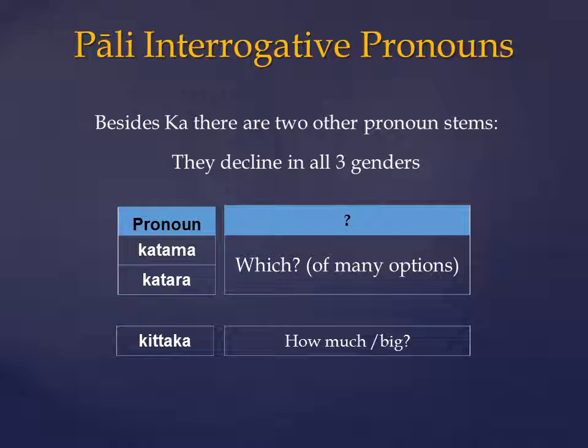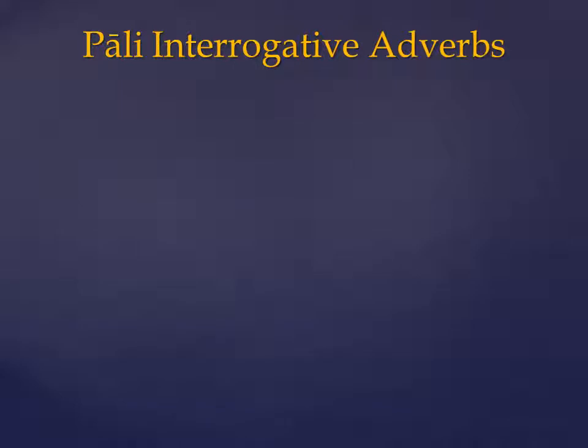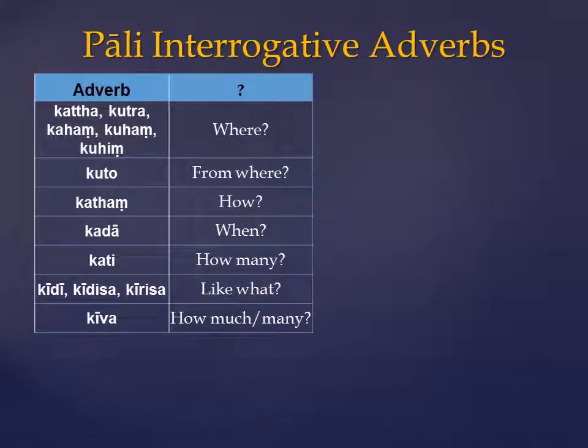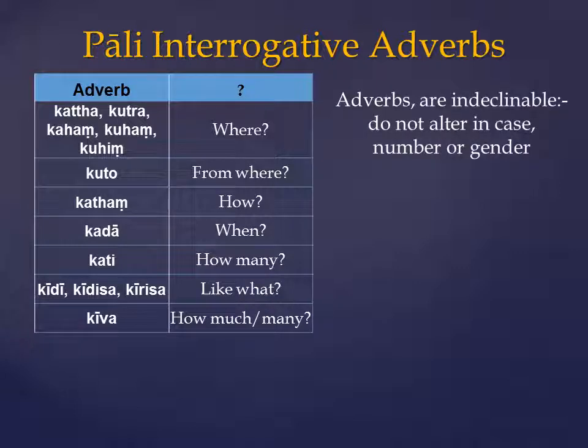Now, I'm not going to go into these in any detail, as this is quite a long tutorial already. So we'll now move on to interrogative adverbs in Pali. There's actually quite a few interrogative adverbs, and I'll list most of them here in this table. Now, adverbs in Pali are indeclinable, and that means they do not alter in their case, number or gender. So their endings are always the same as you see here in this table.